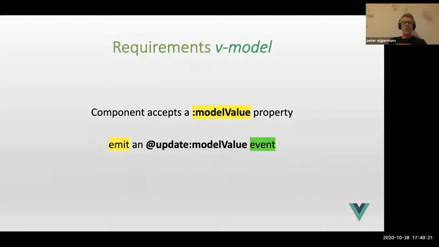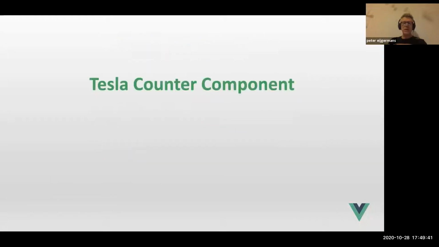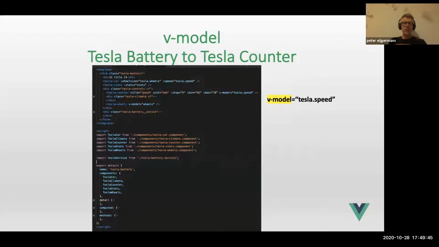The requirement for the v-model directive is that a component has to accept a model value property, and you have to emit back a special kind of event, an update model value event. What does it look like in the Tesla counter component?